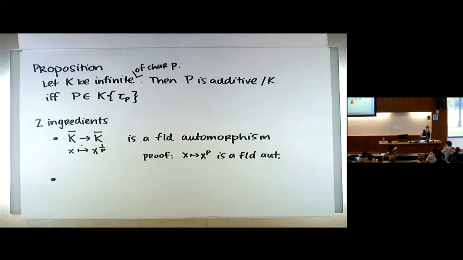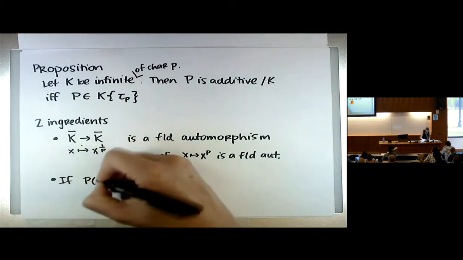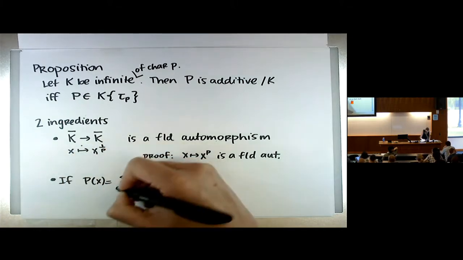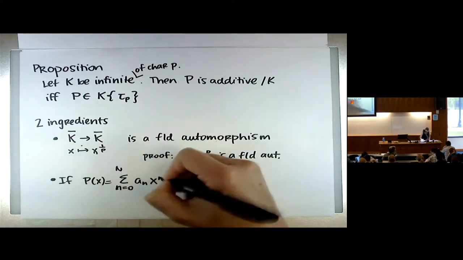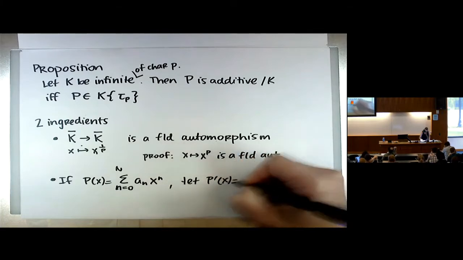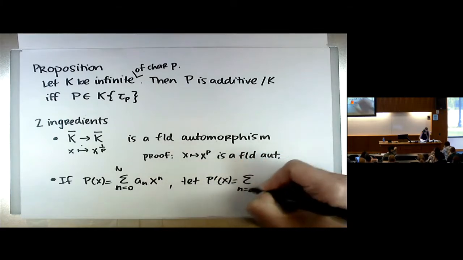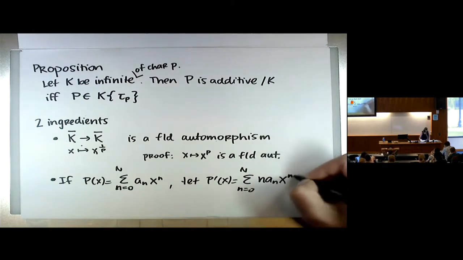And then the other ingredient is the derivative, which you know and love. If P of x is the sum n equals 0 to big N of a_n x^n, I'm going to let P prime of x be the sum n equals 0 to big N of n a_n x^(n-1).